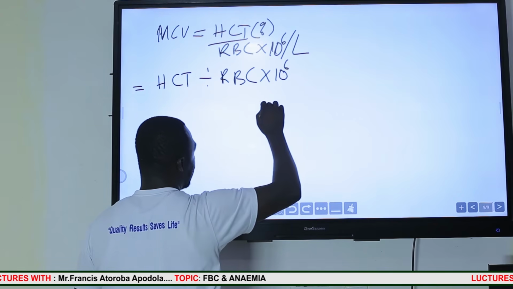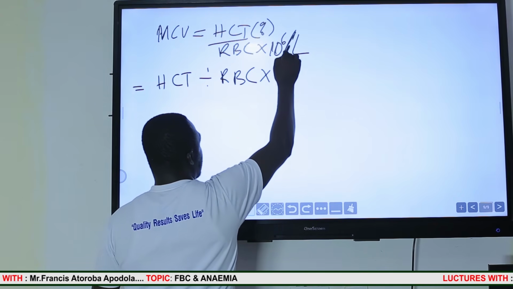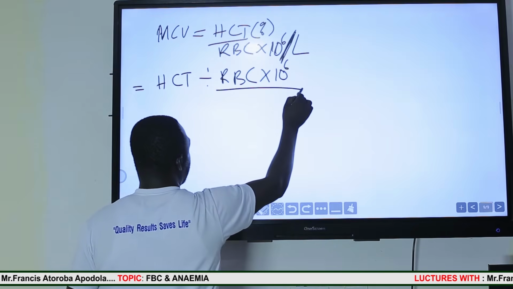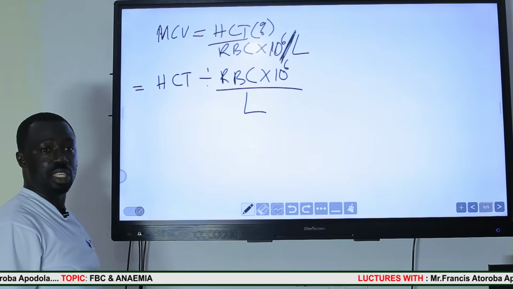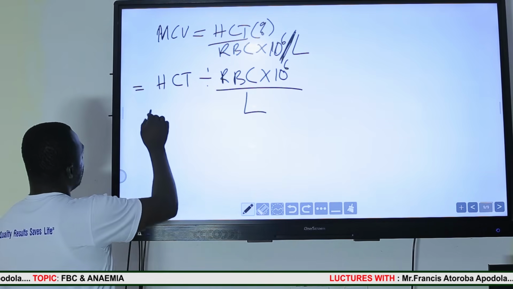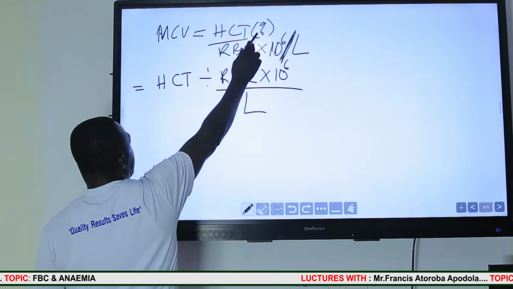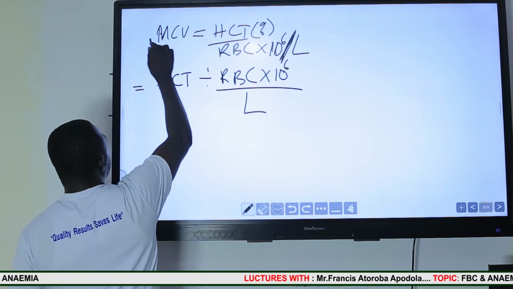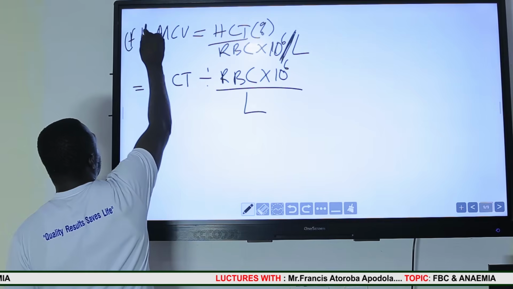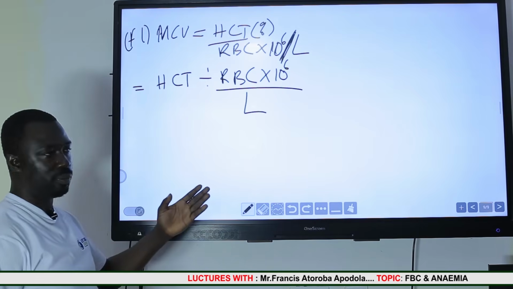Are we here? Per means divided by liter. Are you seeing that? Hematocrit is always in percentage. The final unit for MCV is in femtoliters. You agree with me?